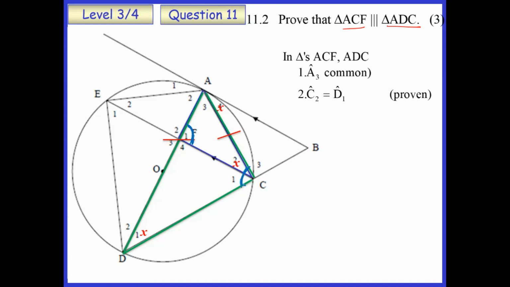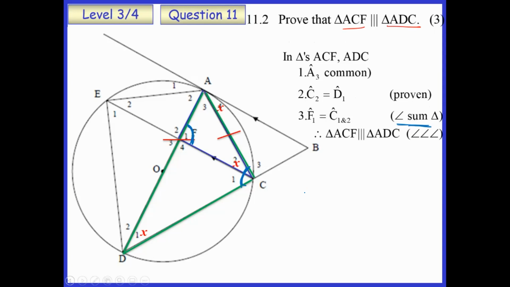So the one that is left over is actually angle ACD, because we got to write it down for a mark. That F1 is equal to angle C1 and 2. And the reason will be sum of angles of a triangle. And therefore, they are similar.